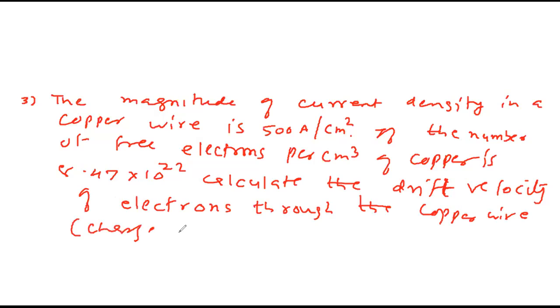Charge on an electron is 1.6 into 10 raised to minus 19 coulomb. Write the question, then I'm explaining what is given.